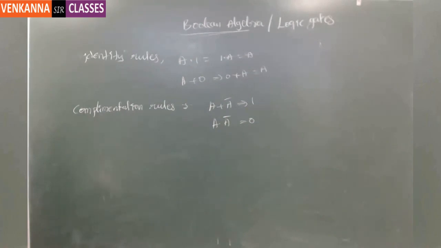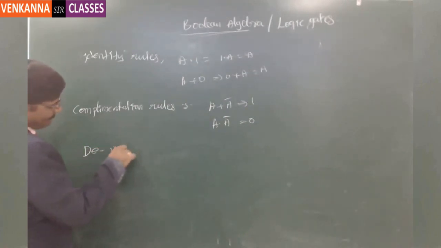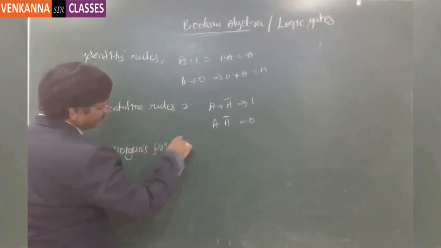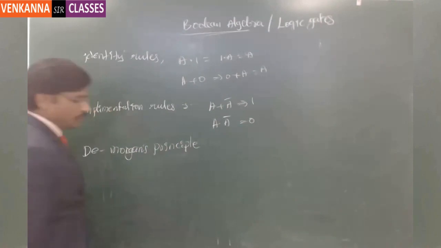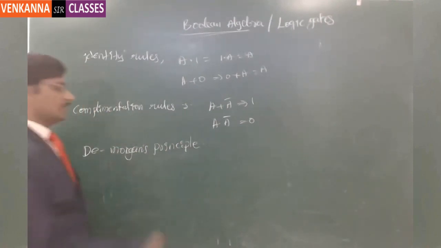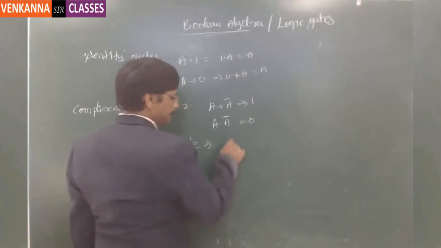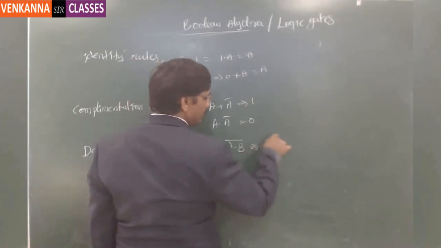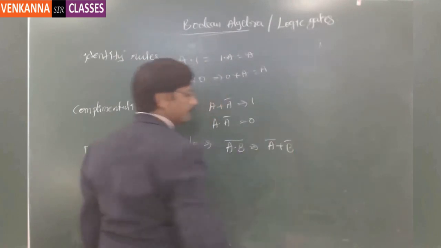And there is one more important rule, that is De Morgan's principle. This is a very important principle. What De Morgan's principle says is a dot b whole bar can be written as a bar plus b bar.